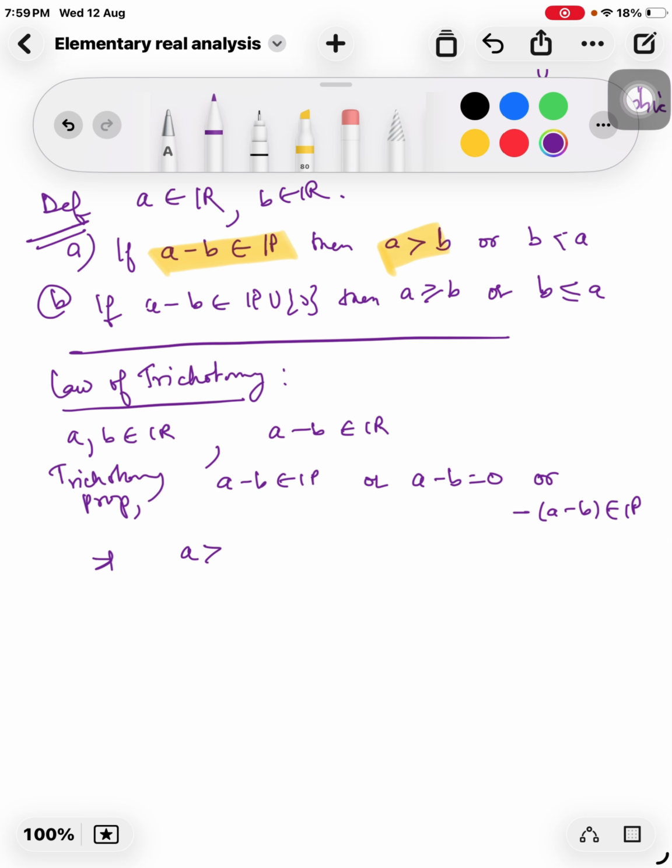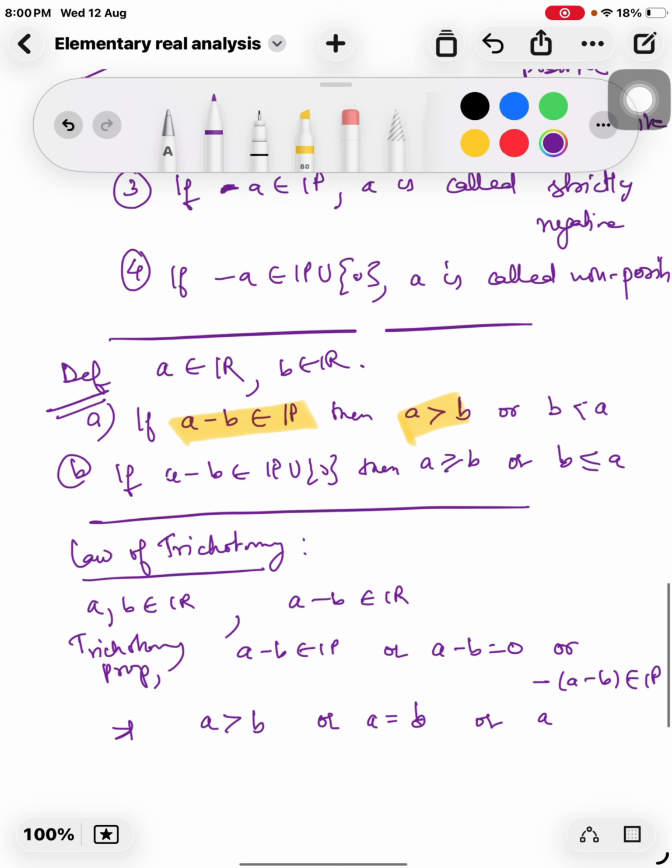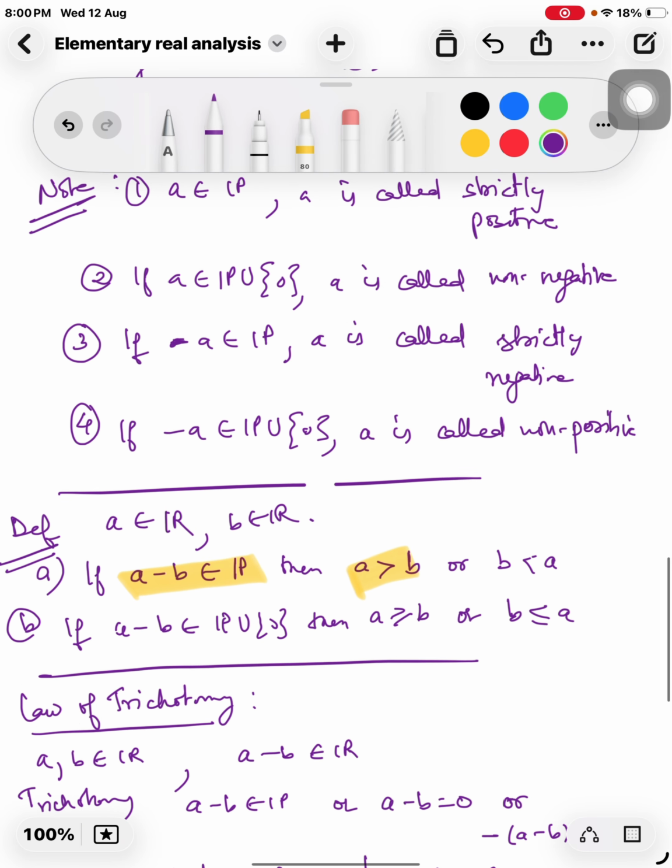So either A is greater than B, or A minus B is 0 means A is equal to B, and minus of A minus B belongs to P. What was the definition of the additive inverse belonging to P?